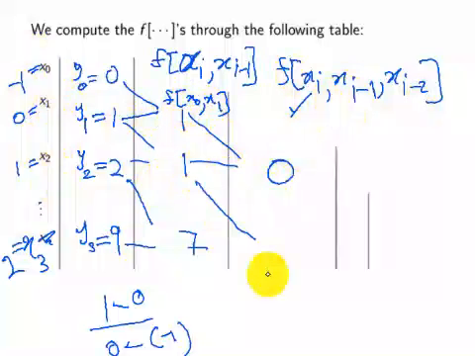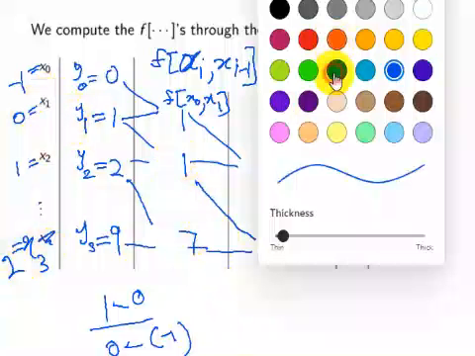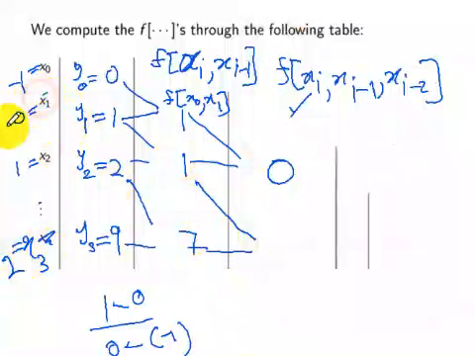Let's move to the next one. Let's use these two values. Now we consider these three neighboring points, x1, x2, x3. The difference between these two, 7 take away 1, is 6.